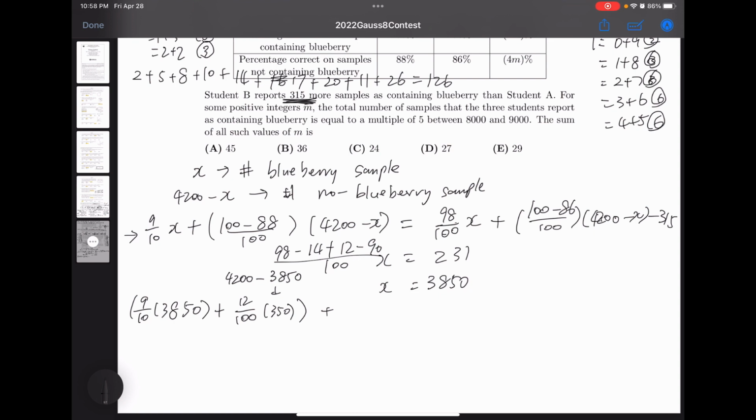This is from student A, and from student B we would have 98/100 times 3850 plus 14/100 times 350.